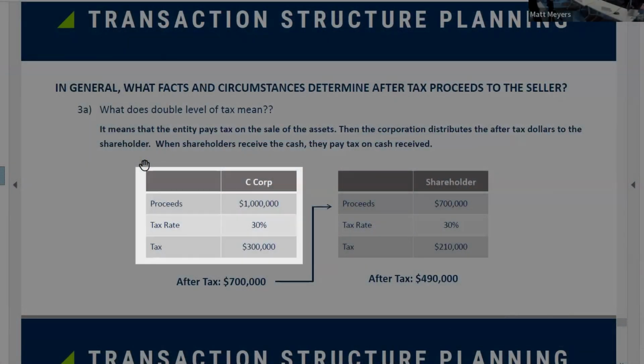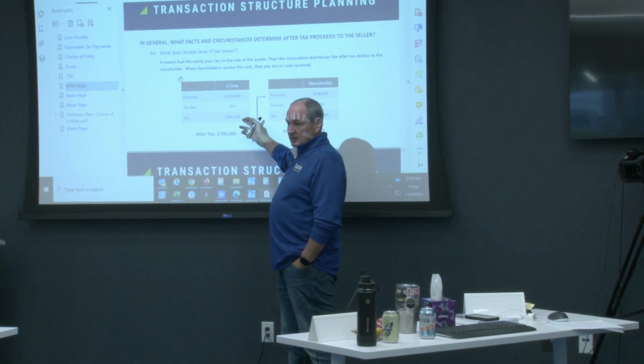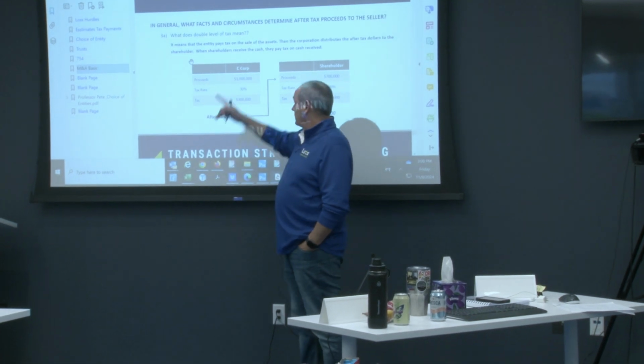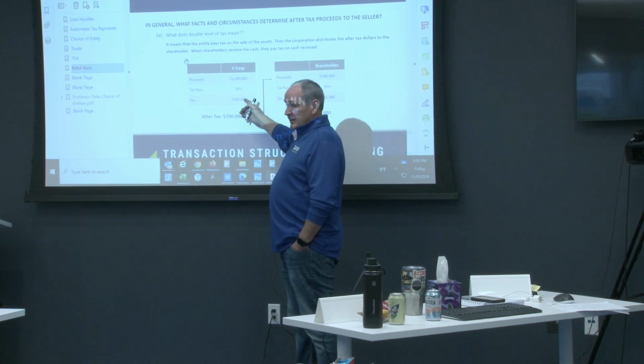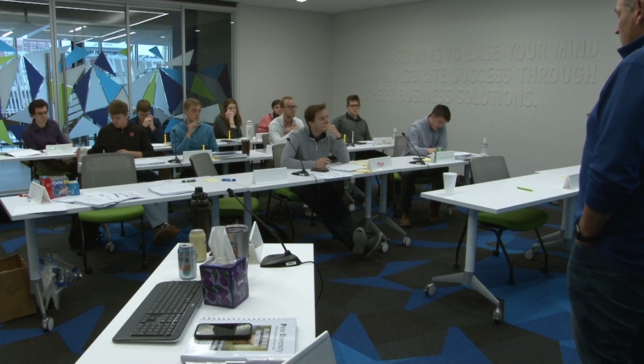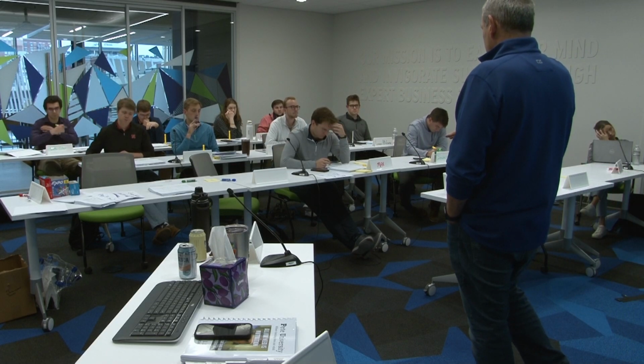And that first box says the C Corp is going to get $1 million of proceeds, and it has a 30% tax rate, which is 21% federal rate, and I presume the 9% state rate. So the C Corp generates $300,000 of tax. Now the C Corp has an obligation to send that tax to the IRS. So the bank account went from 0 to $1 million because we got the cash, and then paid $300,000. So our bank account went from $1 million to $700,000 because we paid $300,000 of tax.